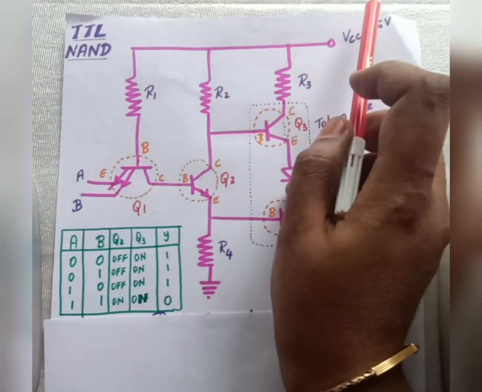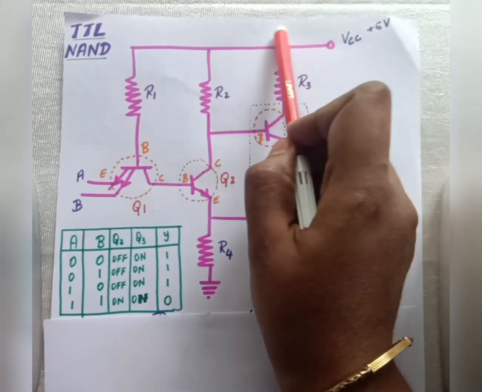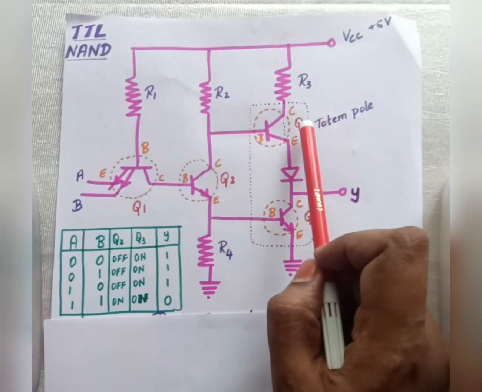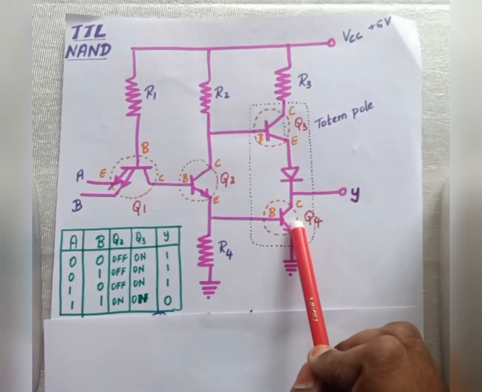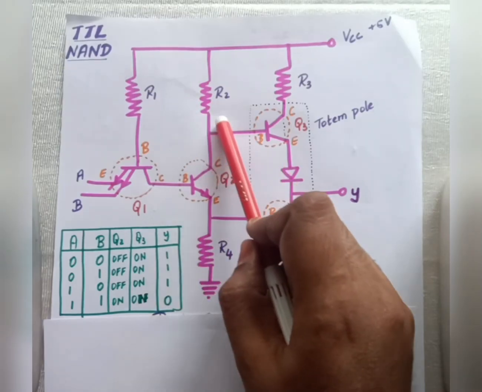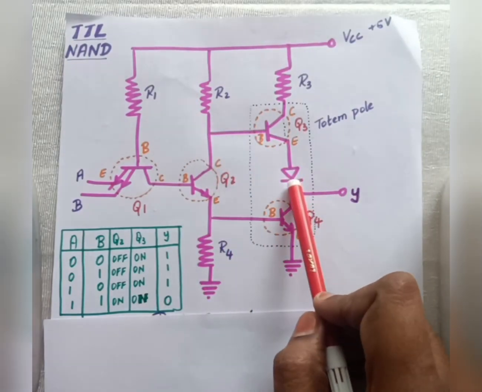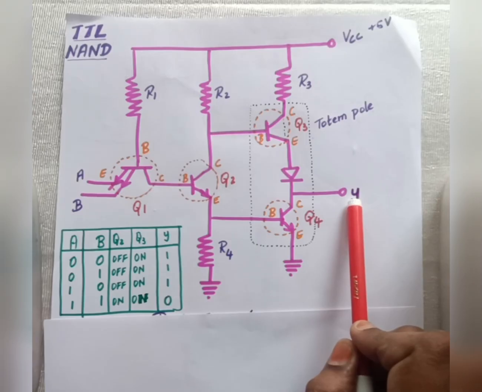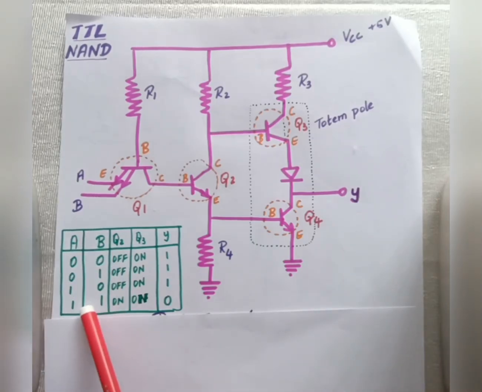Now the voltage that comes through here will again make Q3 on. So now since Q3 is short circuited and Q4 is short circuited, what will happen? The current flowing through here will come down and it will be quickly pulled down by this ground. So I won't have voltage flowing to Y. So what will be my output when my A and B is 1? My output will be low, and that is how I got 0 here. So this is how TTL NAND works.